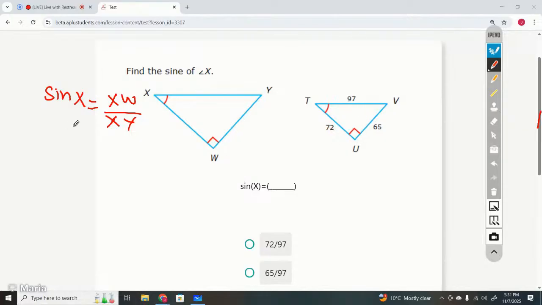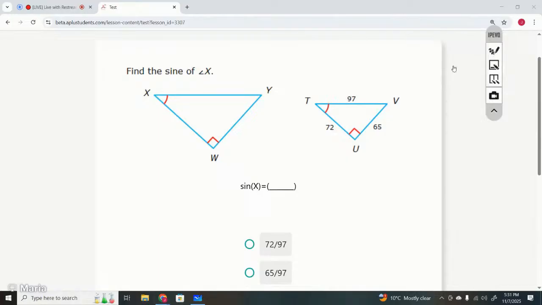So find the similar sides in this triangle. xw is similar to tu and xy is similar to tv. So then the side lengths are 72 divided by 97. Option number 1 is the correct option. That is 72 divided by 97.